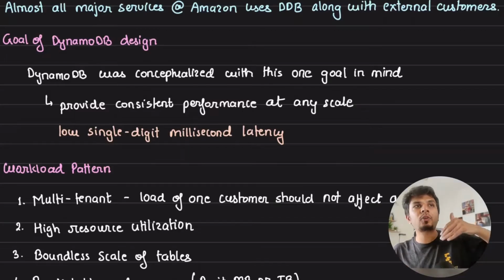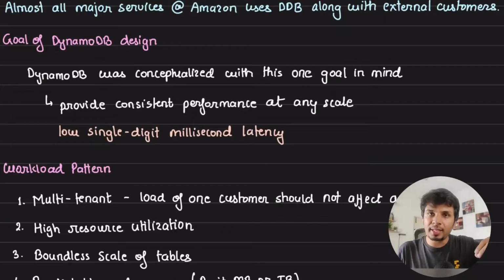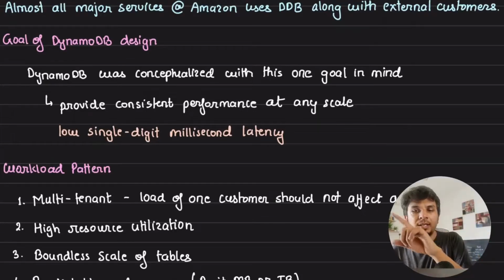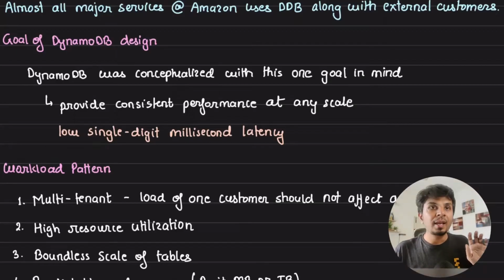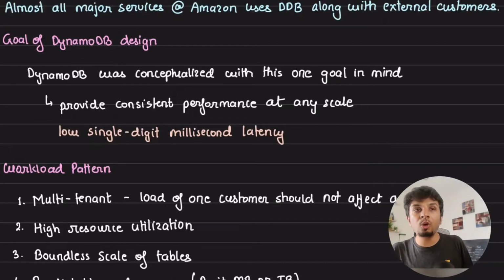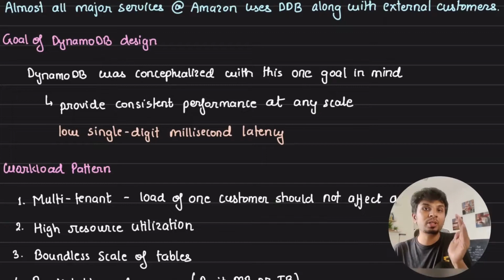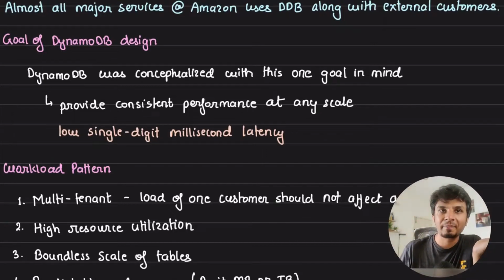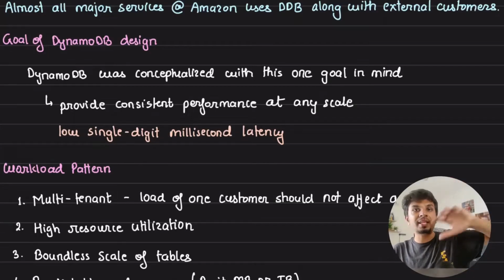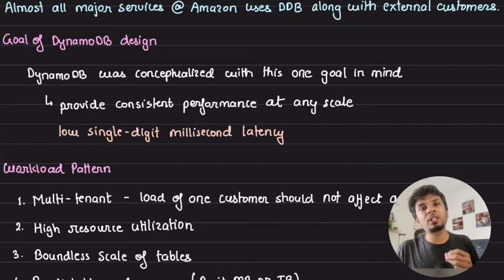Basically, no matter how small the data is, how large the data is, how low the traffic is, how high the traffic is, the performance would be consistent. But then they stretched it up a notch and said, we'll provide consistent performance at scale, and this performance will be low single digit millisecond. In most cases, less than 5 milliseconds. Insane, right? So this is the goal that they started with, and the entire design revolves around this exact same thing, right?